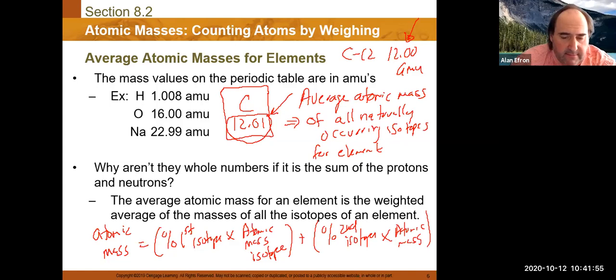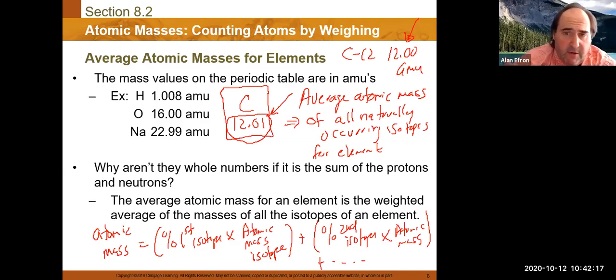And then we continue on. So if there's a third naturally occurring isotope, we would continue in that pattern, taking the percentage that it naturally occurs, sometimes called the relative abundance of those isotopes, times the atomic mass of each individual isotope. And that's really how we get to those values that we see on the periodic table.